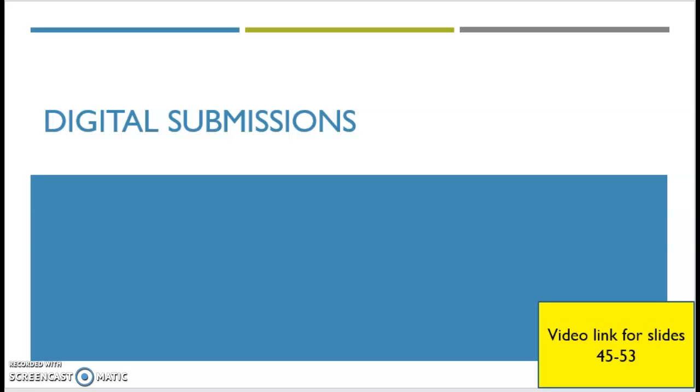Now, on your own, as part of the hybrid hour, I want you to make sure that you're aware that many of your job applications when you graduate are going to go through a digital submission process with an applicant tracking system.